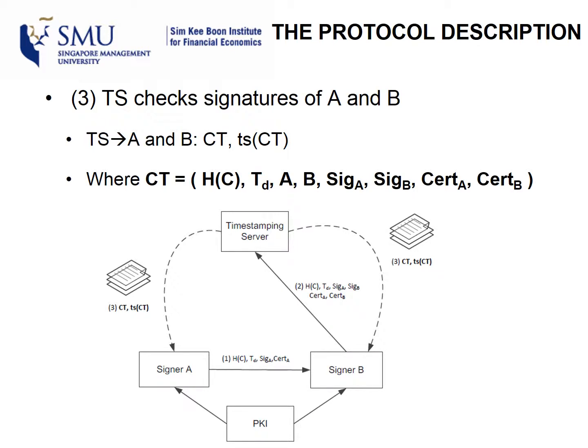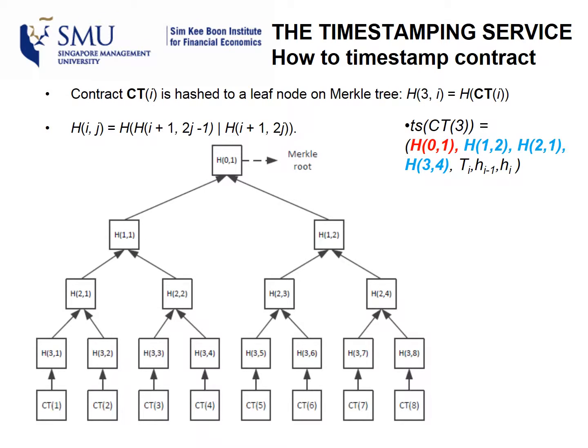The signed contract is as follows. It contains a hash of the contract, a deadline, A and B's identity, A and B's signatures, and A and B's certificates.